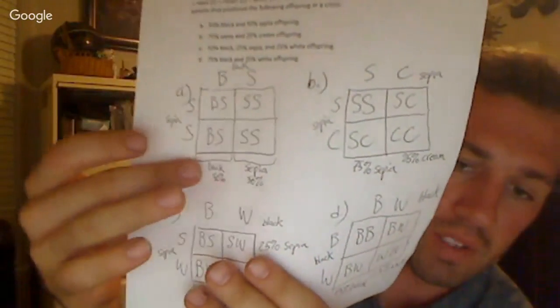And if a homozygous sepia mates with it, then half of them will receive that B and end up being black. The other half will be sepia. So there needs to be sepia in both of them for that to pass on. So it would be 50% black, 50% sepia. And so with the other ones, you just kind of have to do the same thing.